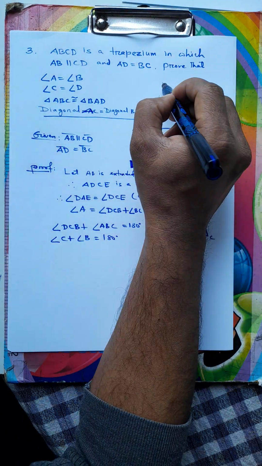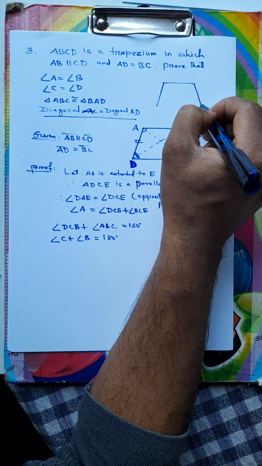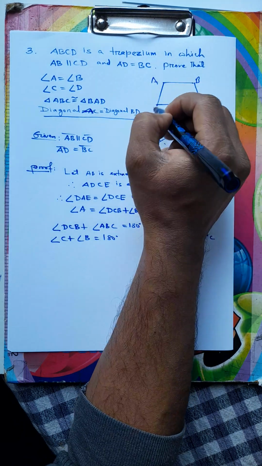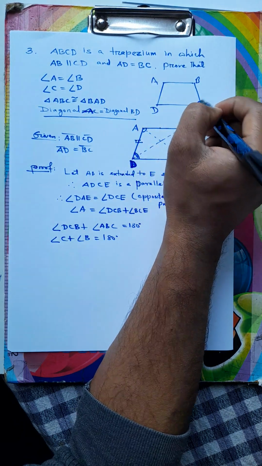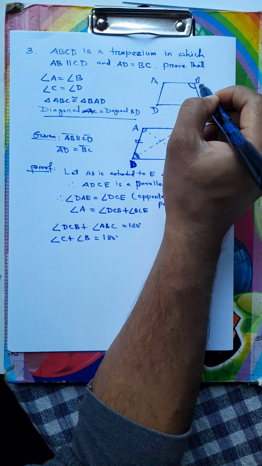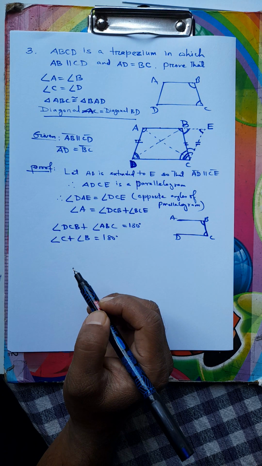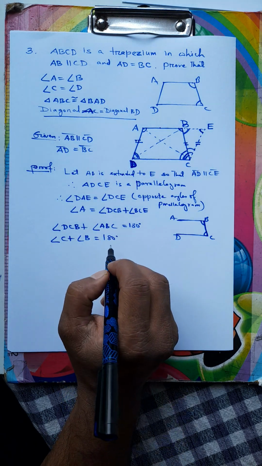For the original drawing, this is B, C, A, D. DCB means this angle, ABC means this angle. So angle C plus B is 180 degree. Right?